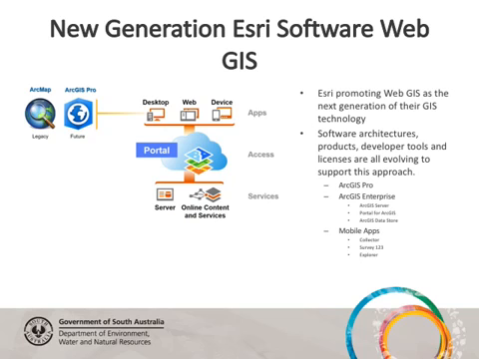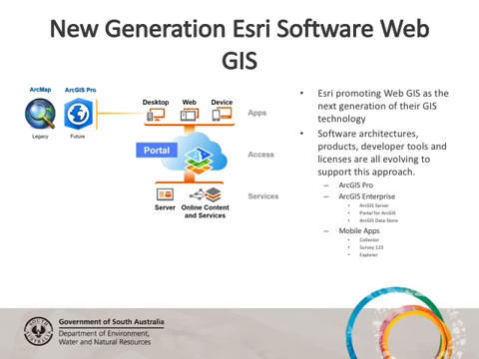Portal for ArcGIS is the ability for organisations to, in effect, host their own kind of ArcGIS Online environment. So Portal is hosted internally for state government, and it's accessed by multiple departments, including DUNA. That's what you see there in the middle.